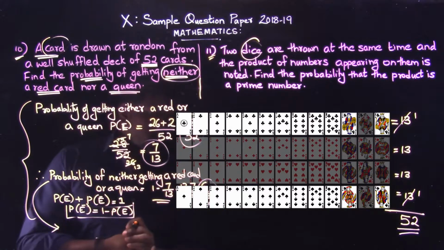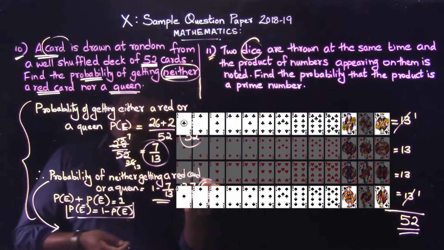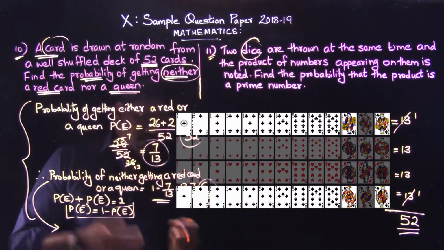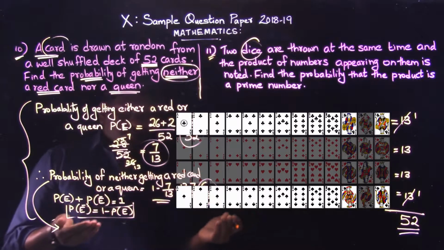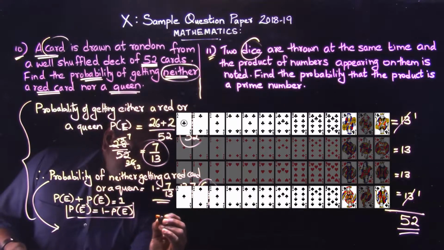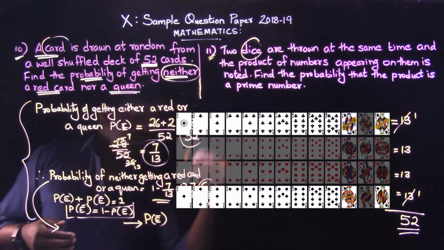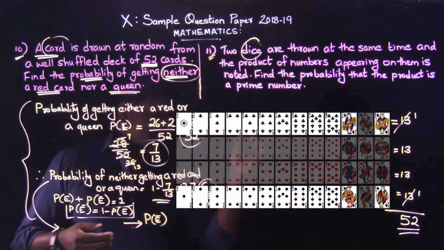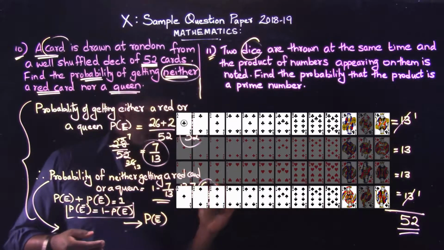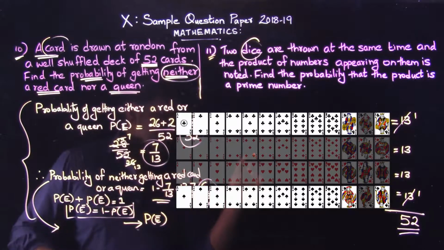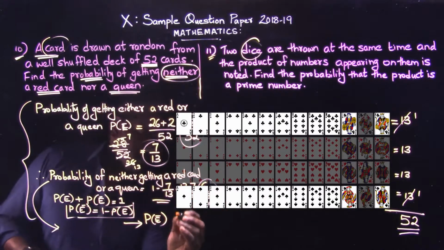It's going to be 24 by 52. P of E dash, if I remove all those reds and the queens, then the count is 24.